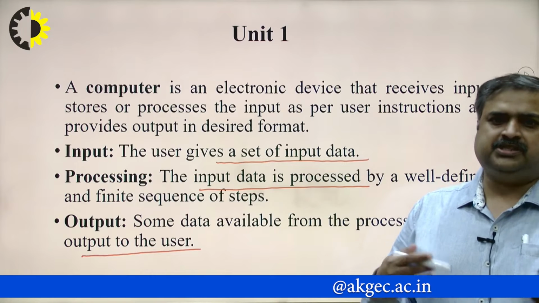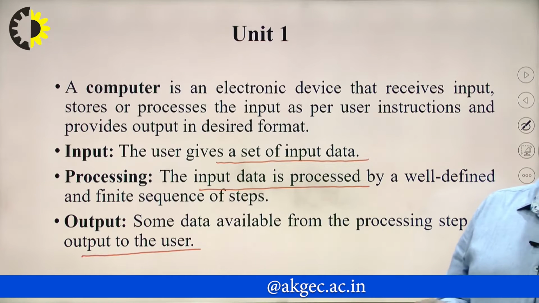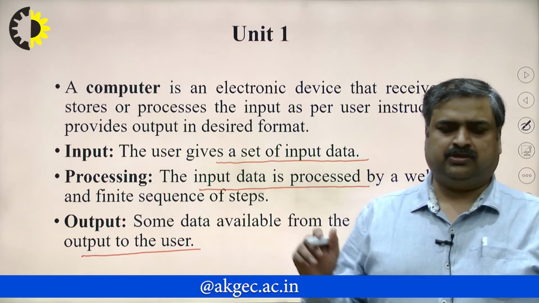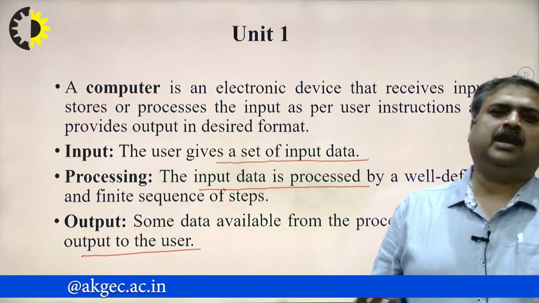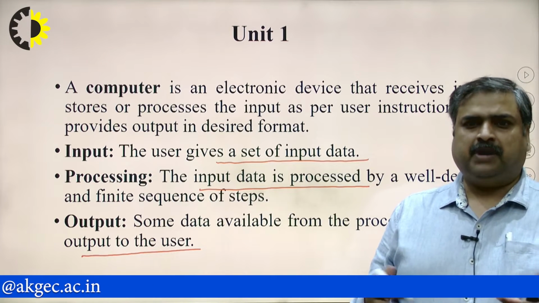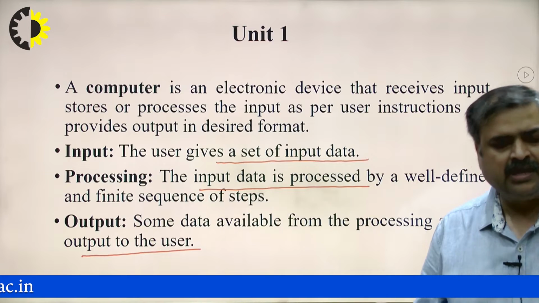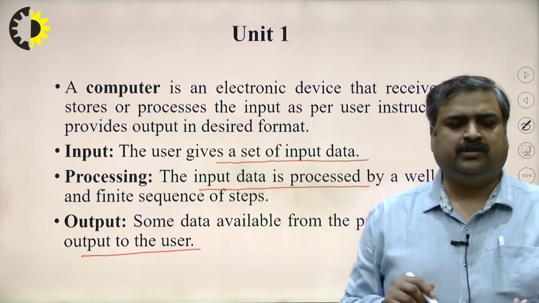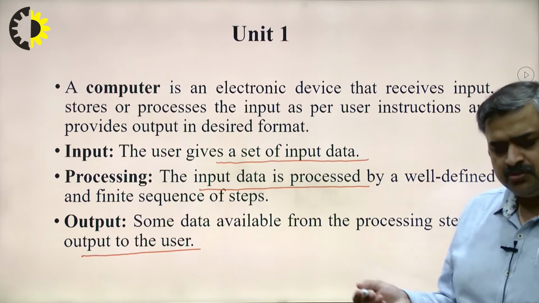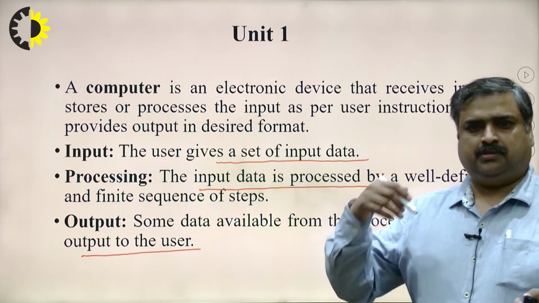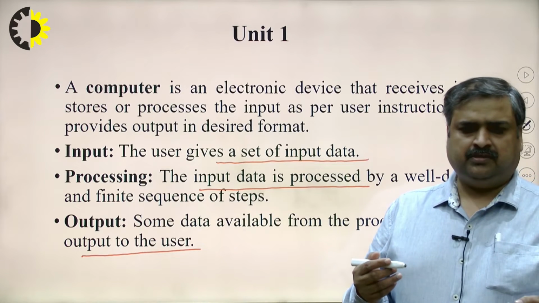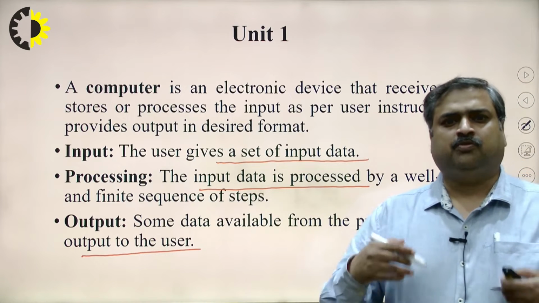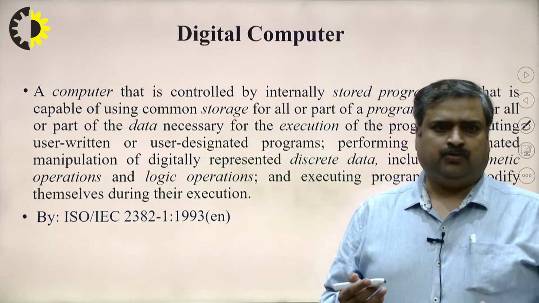Like if I click on change background and the background changes, that is the desired output of my input. What input have I given? I have given a click on the change background button. After that input, lots of processing has been done to provide the desired output.